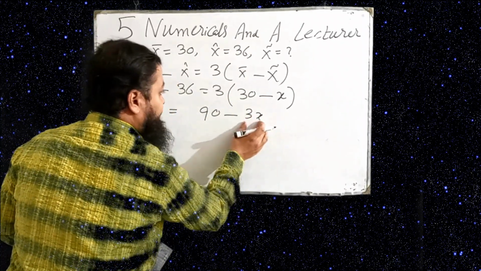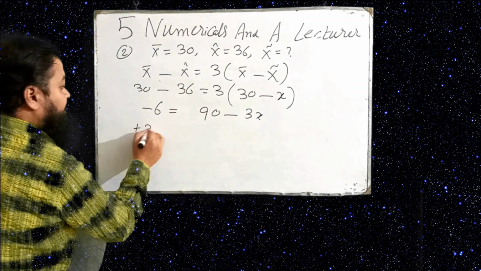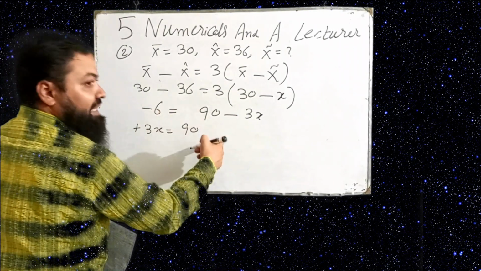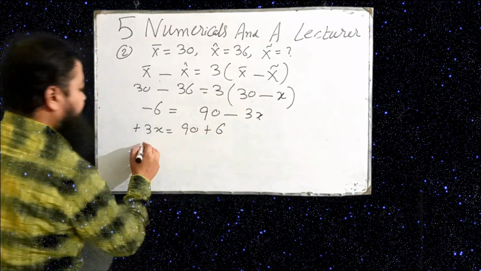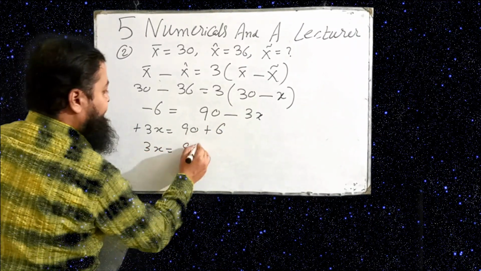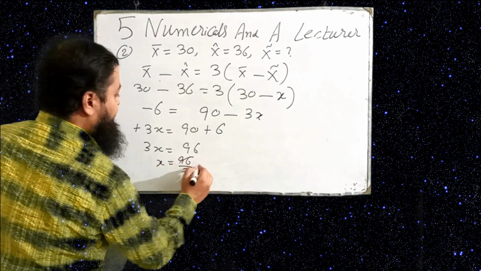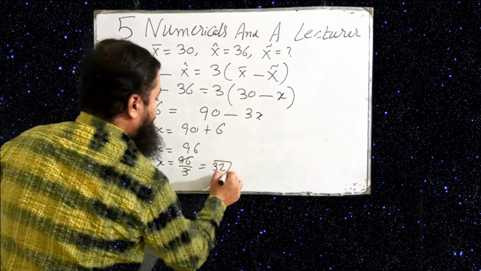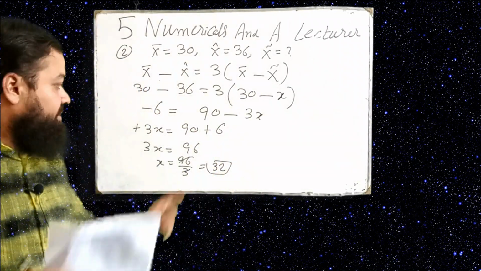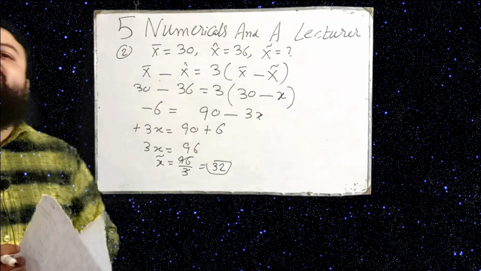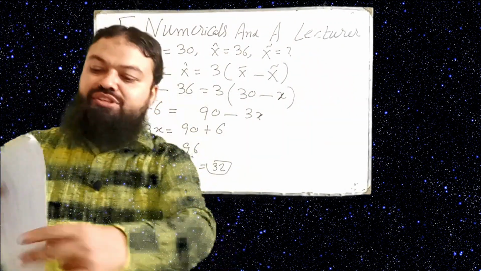If I shift that 3x on the left side, that will be plus 3x is equal to 90, minus 6 will be shifted on the right side, that will be plus 6. 3x is equal to 96. x is equal to 96 over 3. The last answer is 32. That is the value of median actually. Median is 32 in a moderately skewed distribution.